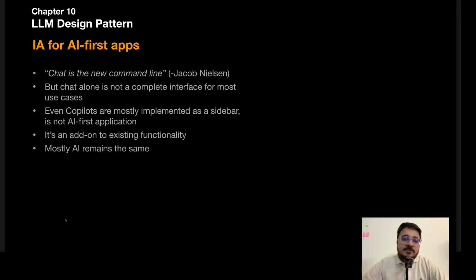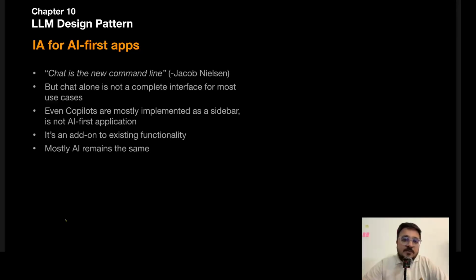Let's understand that chat is the new command line. That is one of the famous quotes by Jakob Nielsen, but chat alone is not a complete interface for most of the use cases, as we also know. We have seen many other interfaces as well, other than just chat.